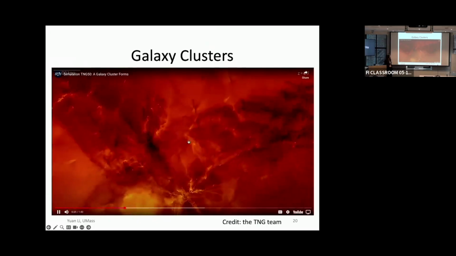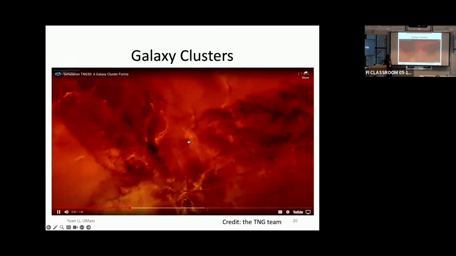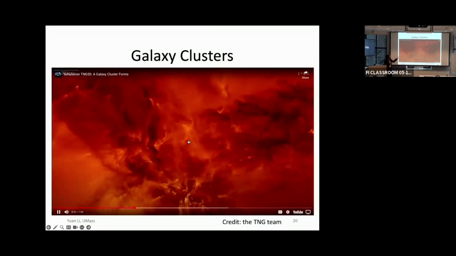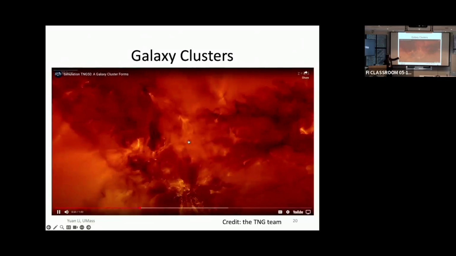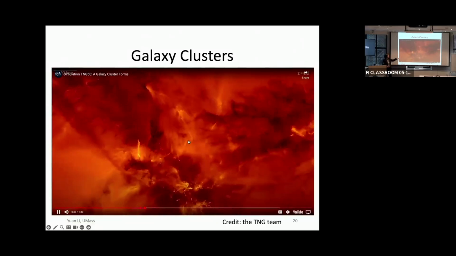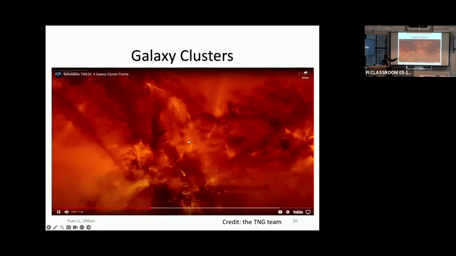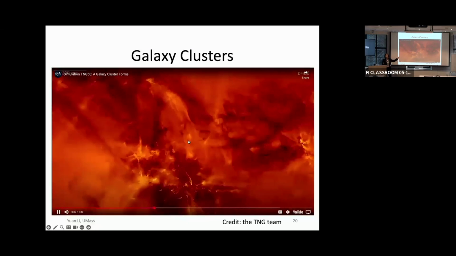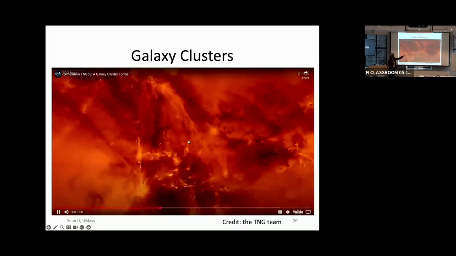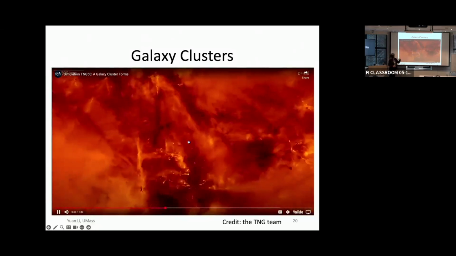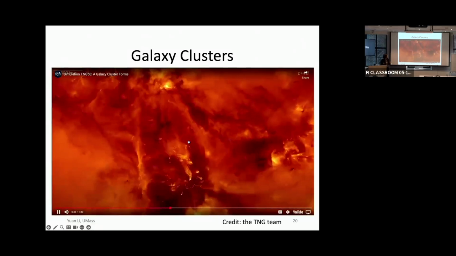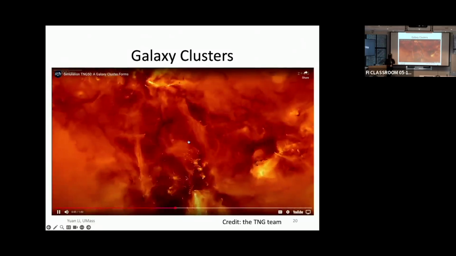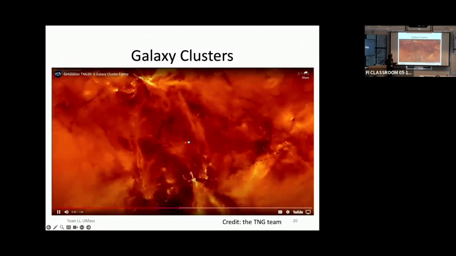As you can see, the lifetime of a galaxy cluster goes through many, many merger events. I like to think about galaxy clusters as cosmic trash cans. Everything falls in, not a lot comes out. And there's a lot going on.